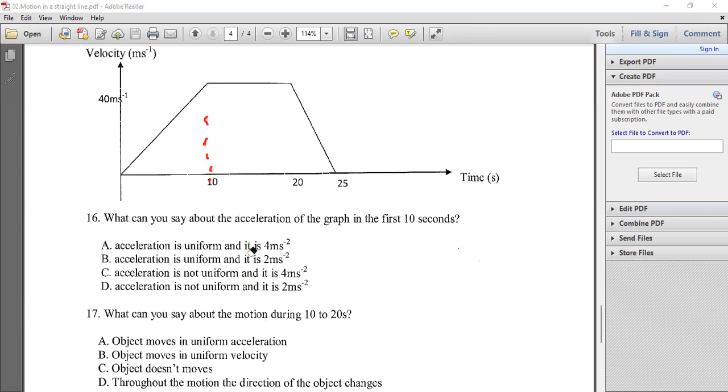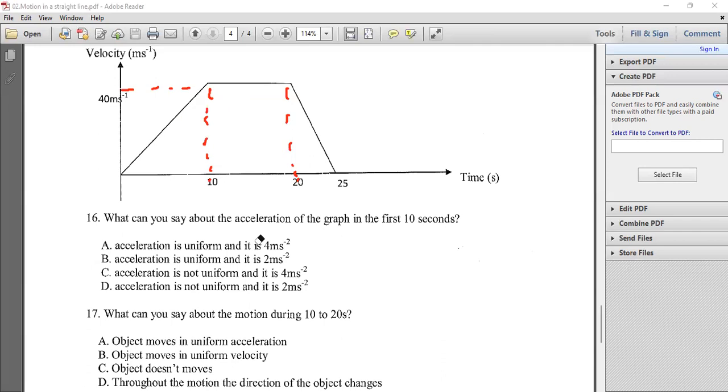And then the object has traveled at the same velocity of 40 m s^-1 from the 10th second until the 20th second, and then the object has reduced its velocity to 0 m s^-1 when it reaches the 25th second.